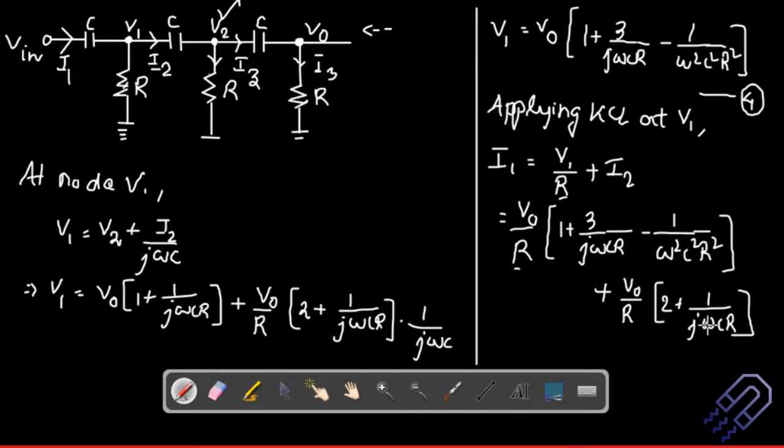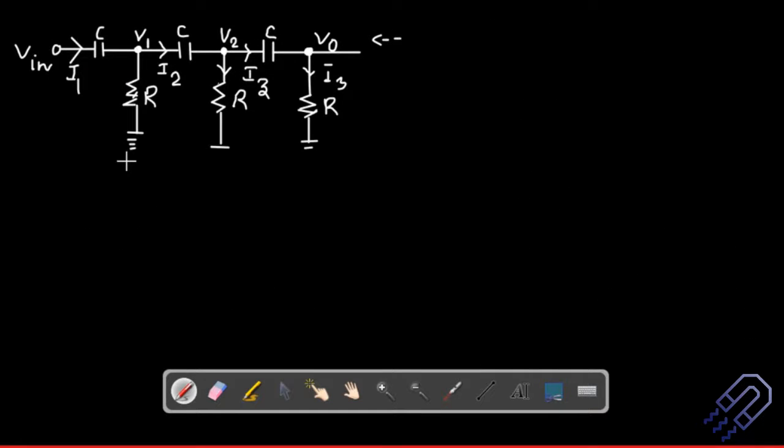This can be further simplified. Maybe I can take the next page and write down the equation. So what we have finally is this equation. Simplifying, we have I1 is equal to V0 divided by R. You can do it on your own.